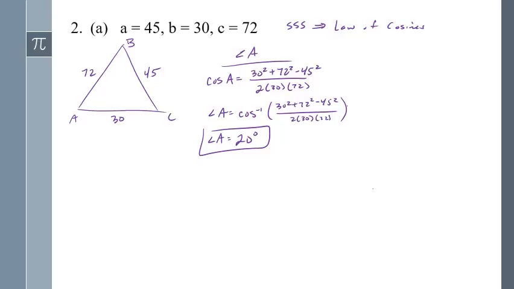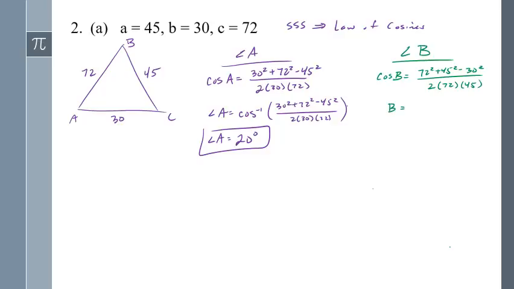My next angle is going to be angle B. And we said in class, even though we could switch to law of sines here, since we started with law of cosines, we should probably stay that way just to make sure we don't have any issues. So again, the alternate form, cosine B is equal to, this time it's going to be 72 squared plus 45 squared minus 30 squared over 2 times 72 times 45.